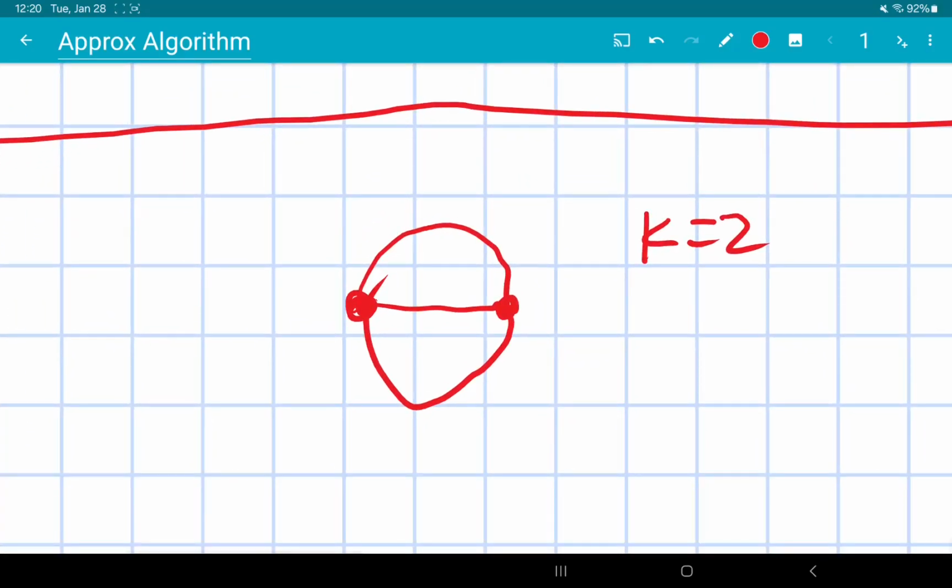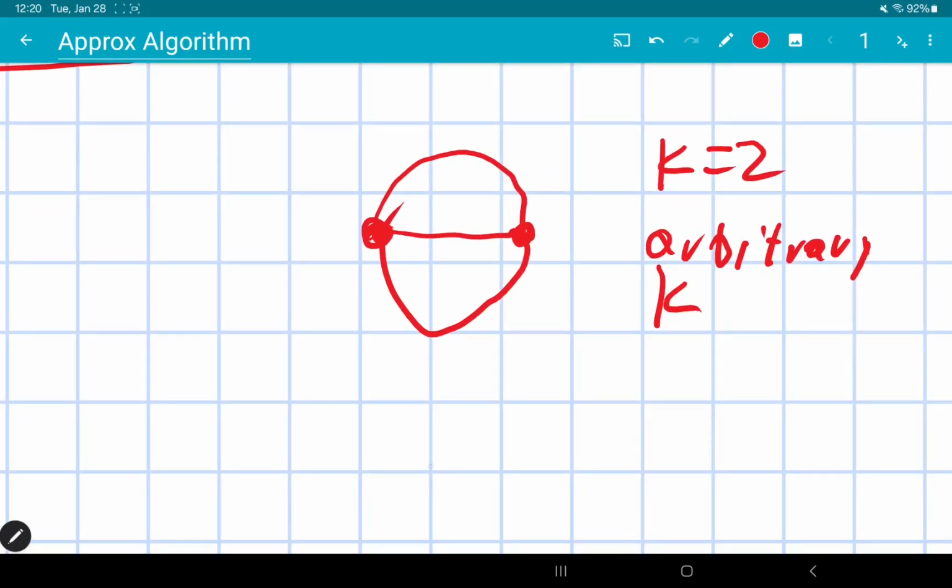So it's of course natural to ask the question for arbitrary k. Compute the smallest disk containing k points. Now it's believed, and it would be extremely surprising if it's not true, that you cannot do better than nk.